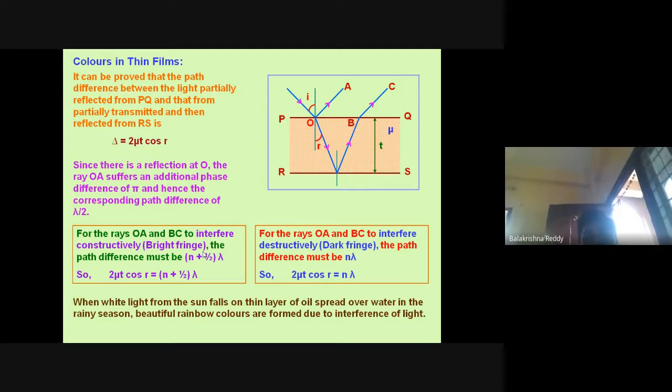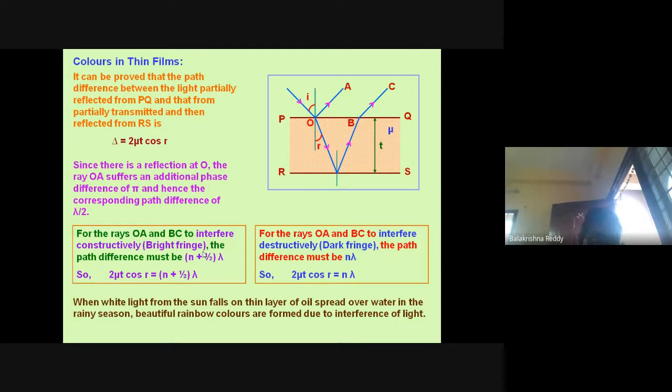So this is how interference happens through the thin film or through oil drops, and even rainbow colors also form due to the interference of light because of changing its path and their path difference. The question will arise: through thin films, how does the interference take place?